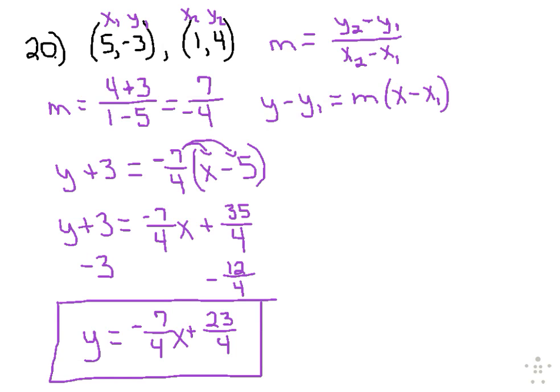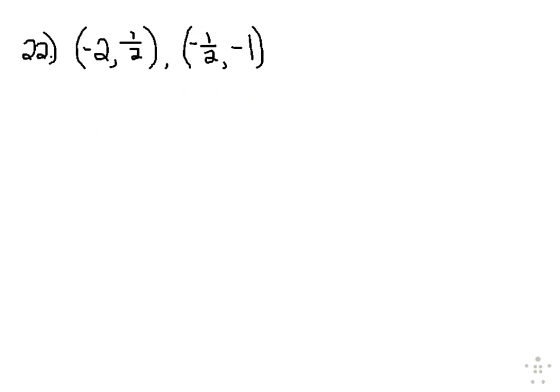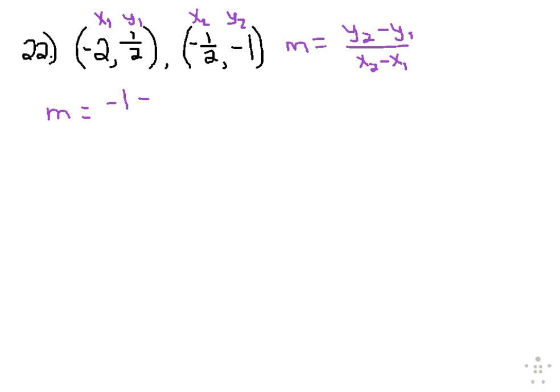Alright, moving on to question number 22. Same thing, so slope is equal to the change in y's over the change in x's, the differences. So I like to label x1, y1, x2, y2. So m is equal to -1 minus 1/2. I'm just going to change these to a decimal from now.